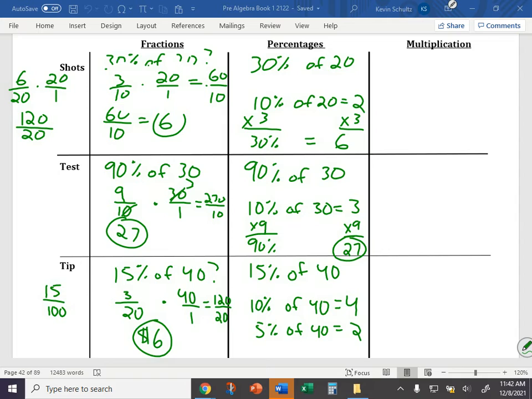I get it. Clearly you were not the only one that was having trouble seeing that. That's okay. And so now, what do we have here? We have 10% plus 5%. What's 10% plus 5%? There's our 15%. And 4 plus 2, there's our $6 tip that we got in the last one.